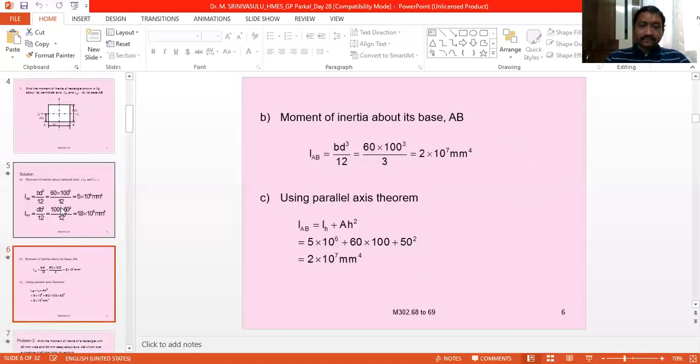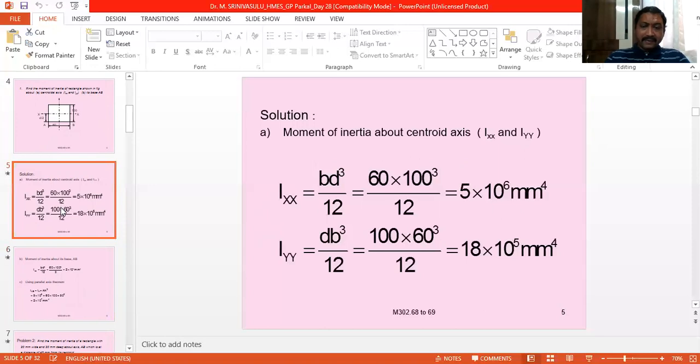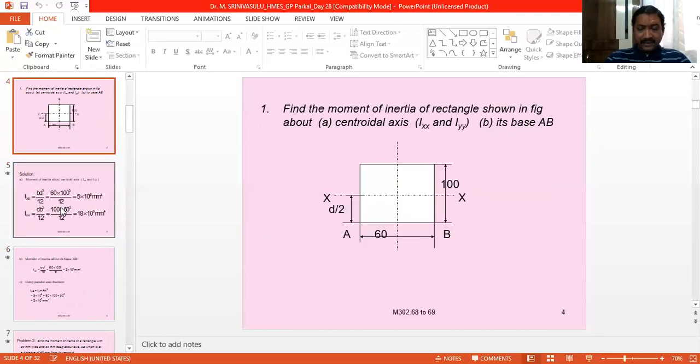And coming to the moment of inertia about the base AB. In this given figure, this is the base AB, and we need to find the moment of inertia about it.